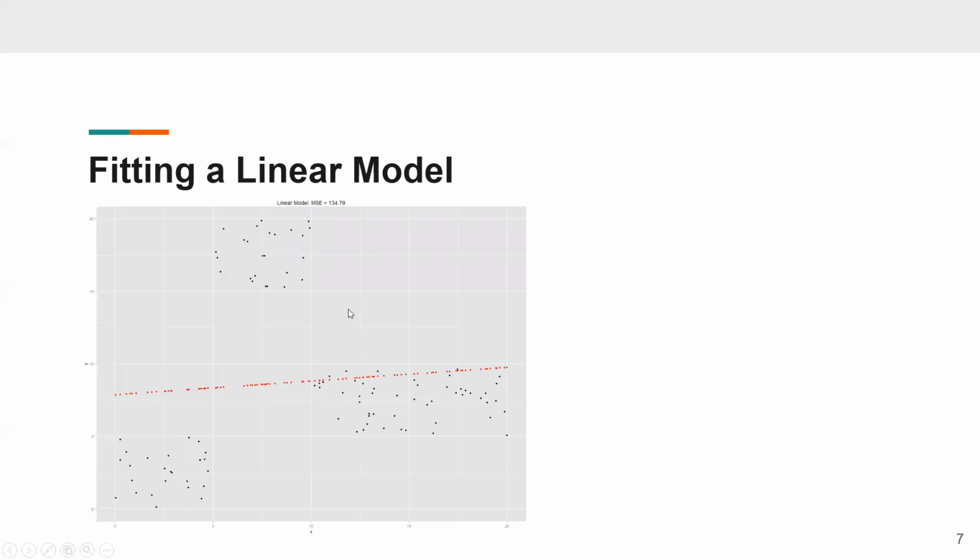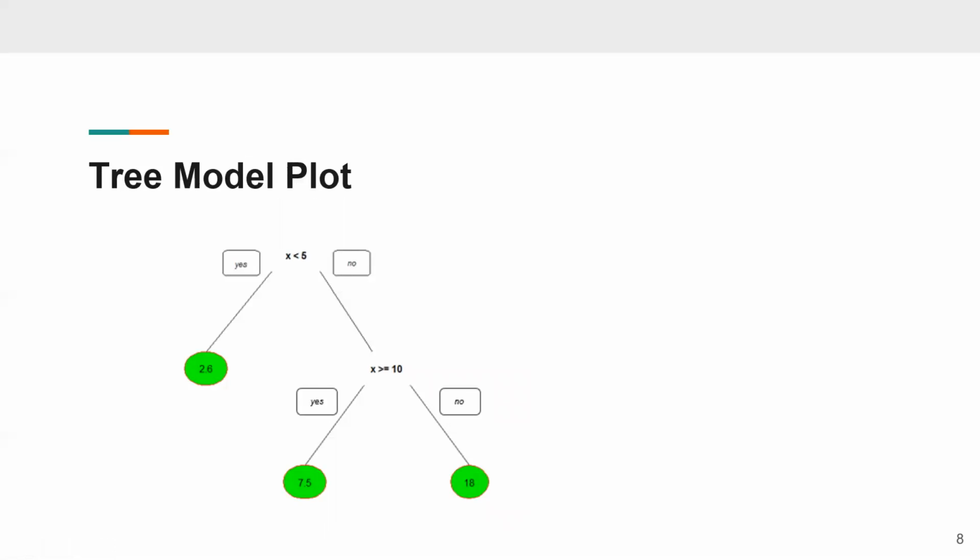And among the data that's larger than 5, you can potentially even split into 2 pieces. One of them is less than 10, the other one is larger than 10. And then you use some sort of value to predict this region versus the first region separately. That's really the idea. So you have less than 5, give a value, and if it's larger than 5, then continue to split.